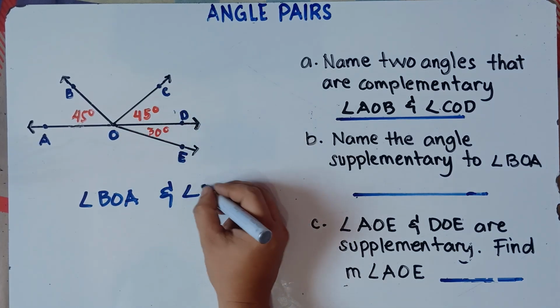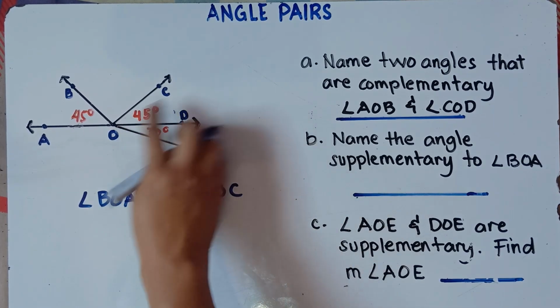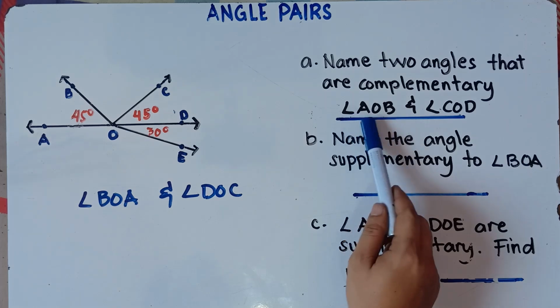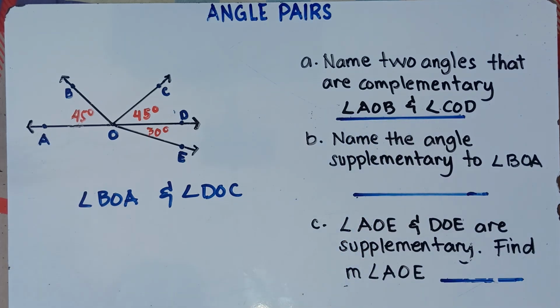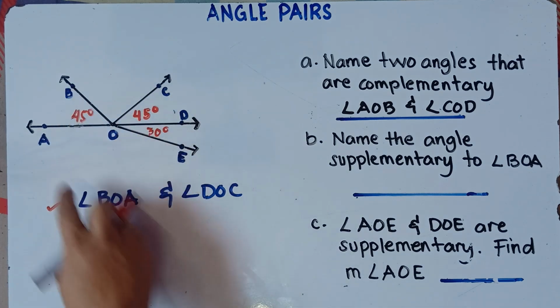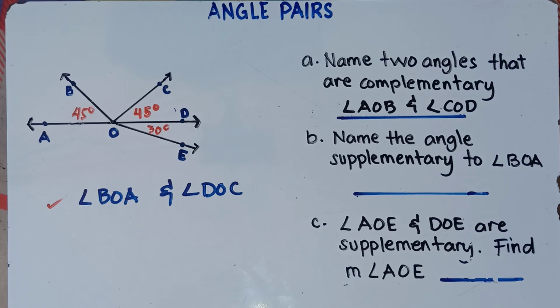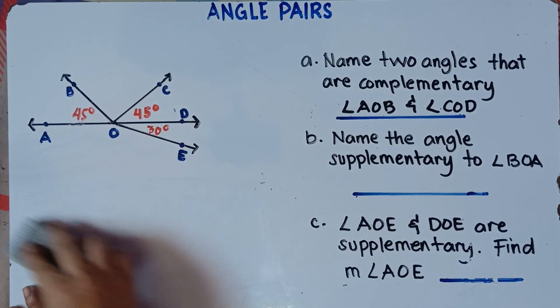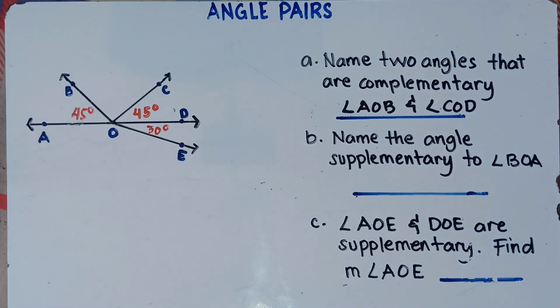Yes, class, that's actually the same. So it's either of these two. You can read it as angle AOB or BOA. That's actually the same. So that's the answer for letter A: angle AOB and angle COD.